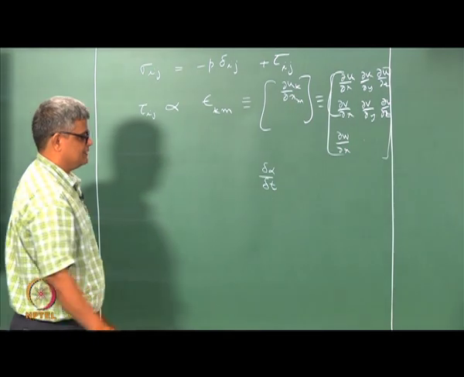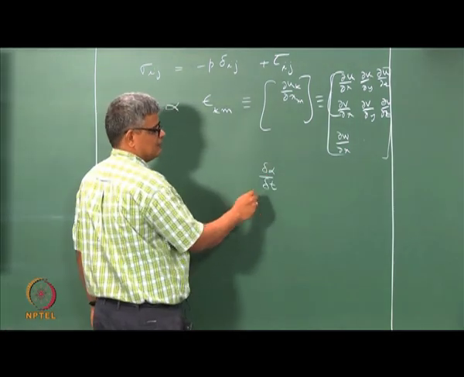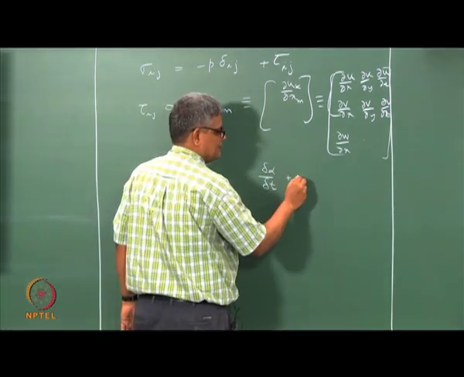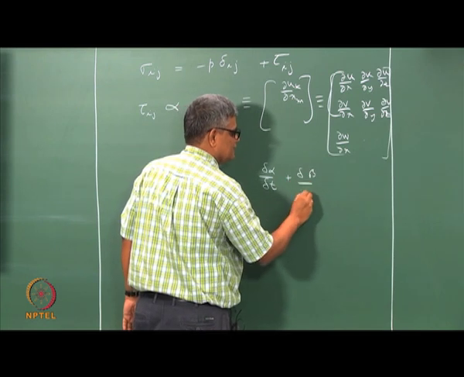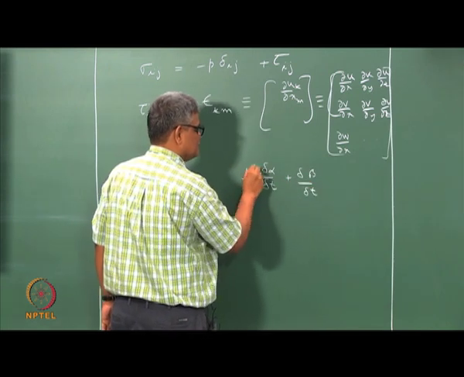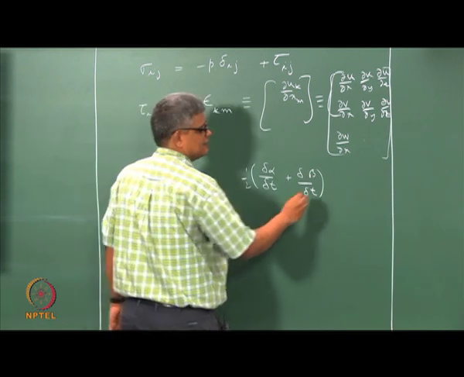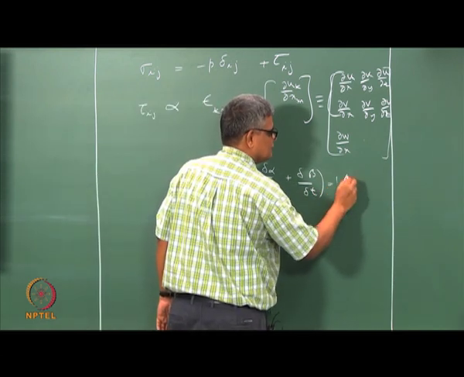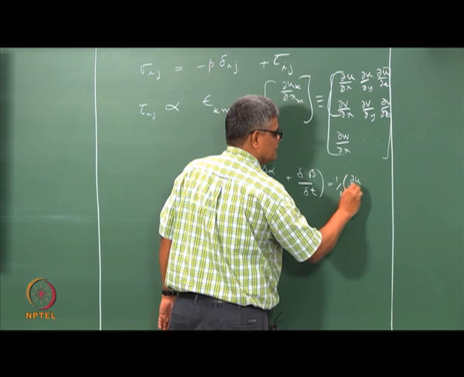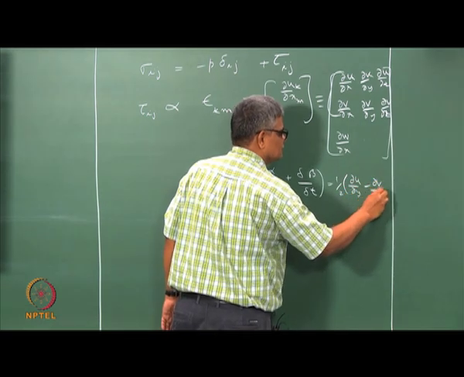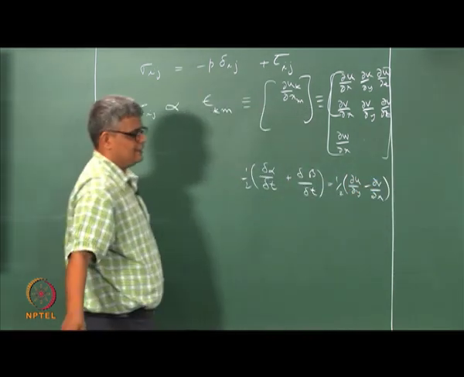Like we have mentioned, the rate of deformation is given by delta alpha plus delta beta, and the average of these two is expressed as half of dou u by dou y minus dou v by dou x, and so on.